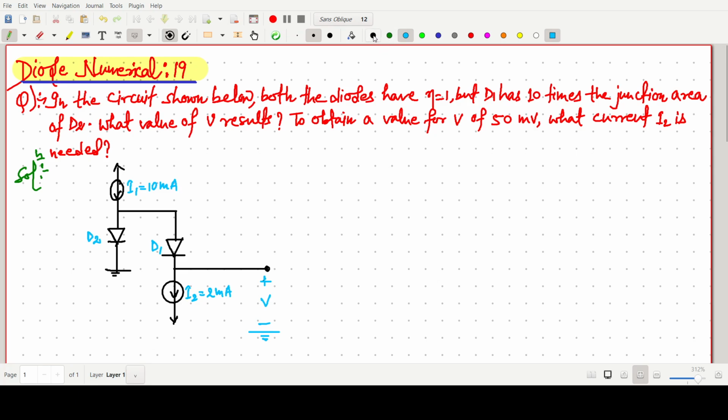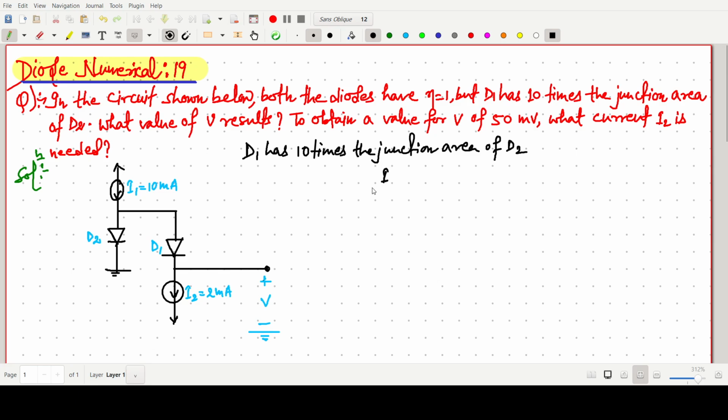So in the question it is given D1 has 10 times the junction area of D2. It is given means what it means?